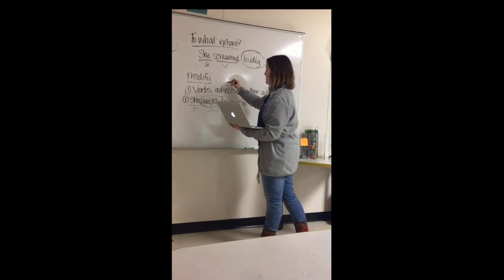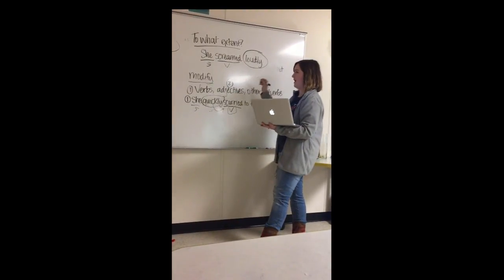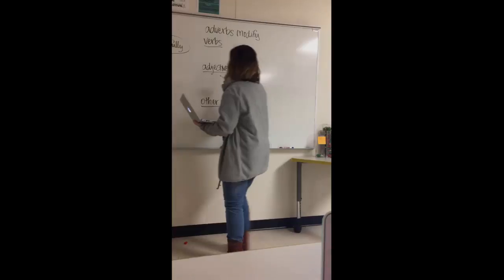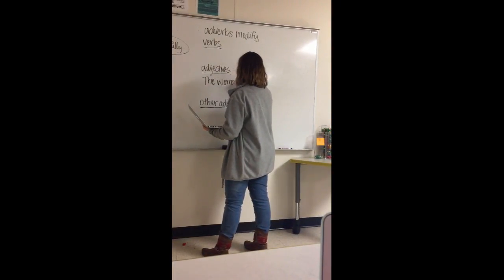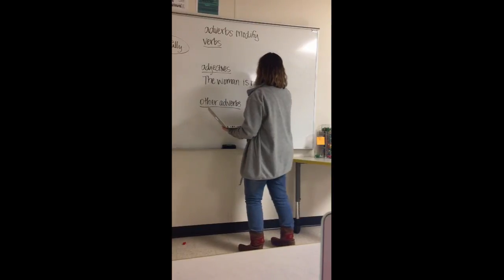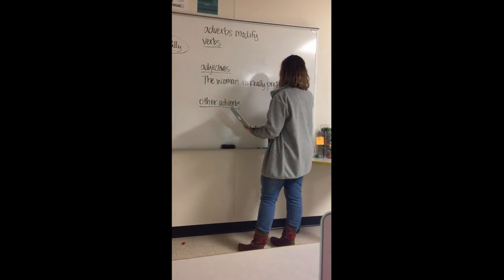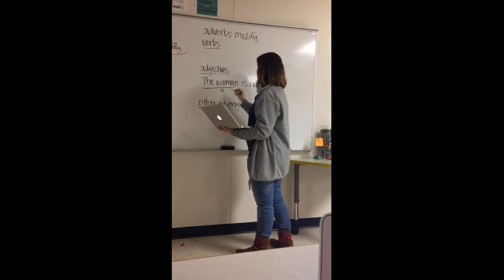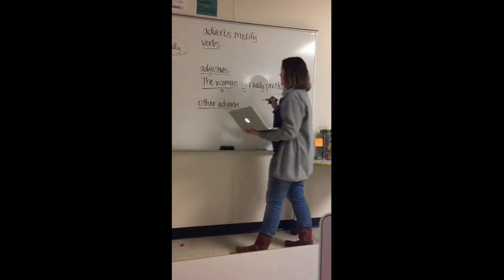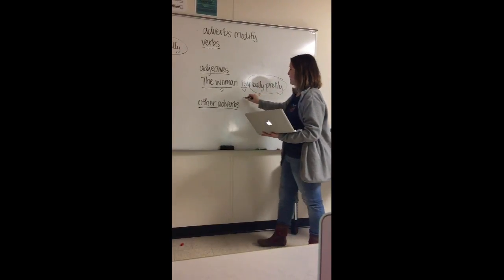So adjectives is number two. I'm going to give you an example of an adverb modifying an adjective. So, the woman is really pretty. Okay, so the woman is the subject, is the verb, and really pretty describes the woman.